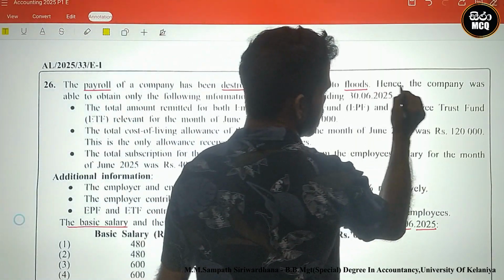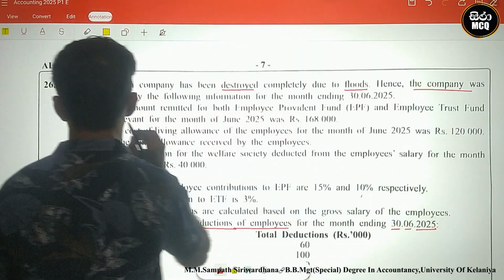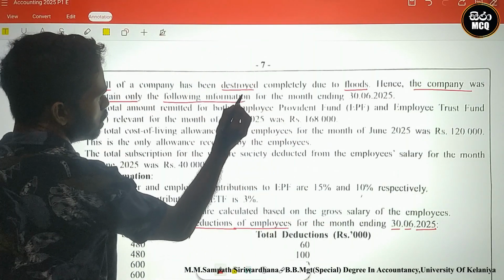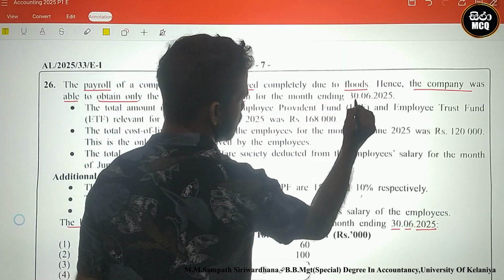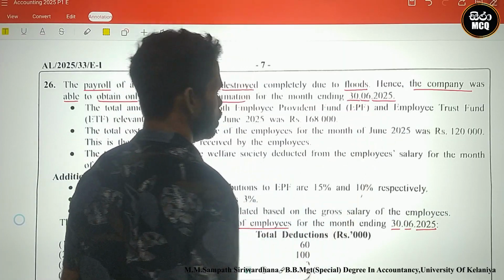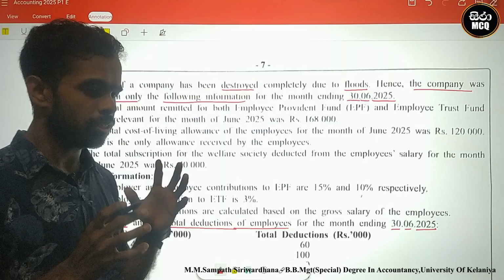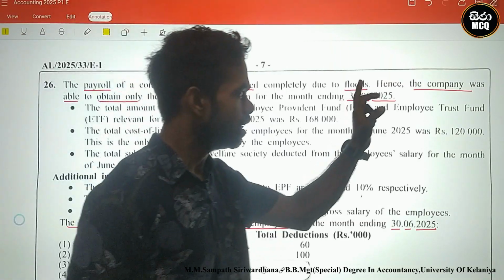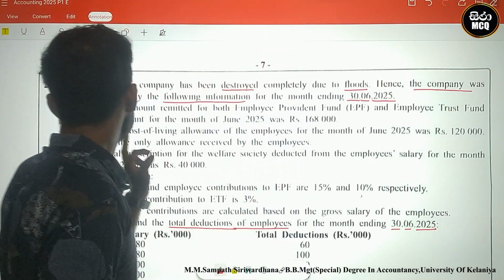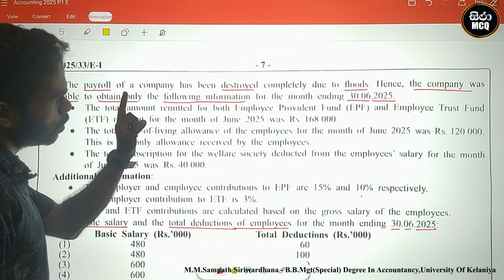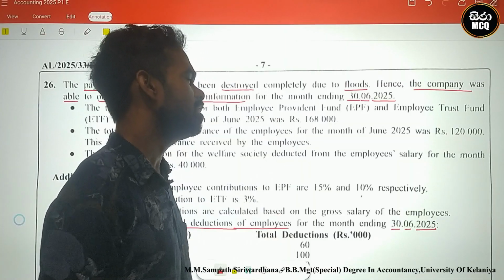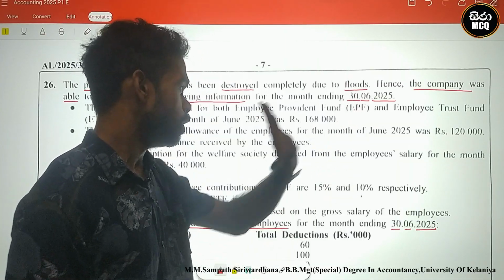Hence the company was able to obtain only the following information for the month ending 30th June 2025.